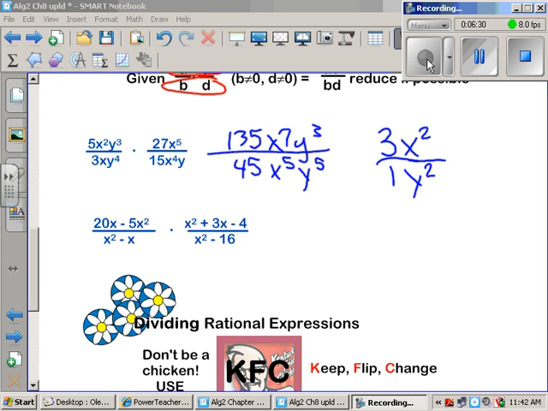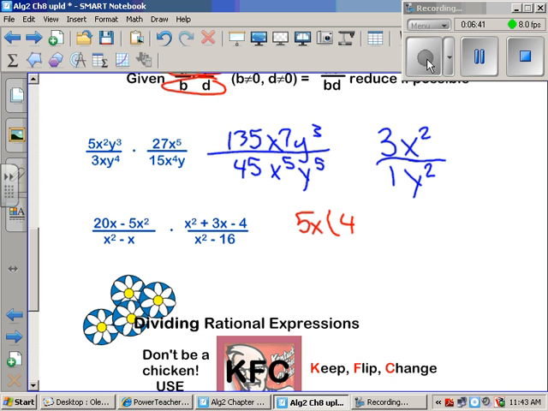It's easier to watch me do it. Okay, so what do these have in common? 5x. So if I pull out a 5x, here I have left 4 and x. Okay? The bottom has an x in common, so I can pull out an x and an x minus 1.